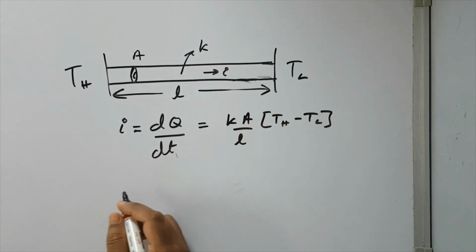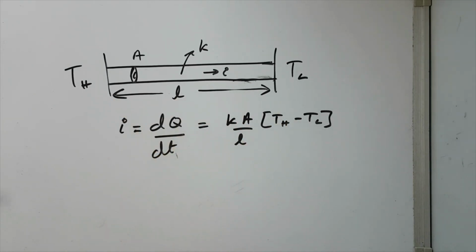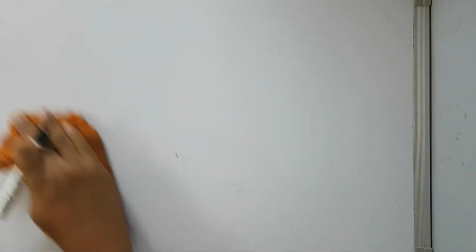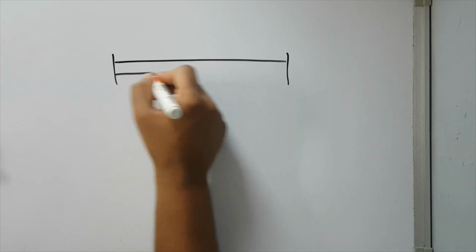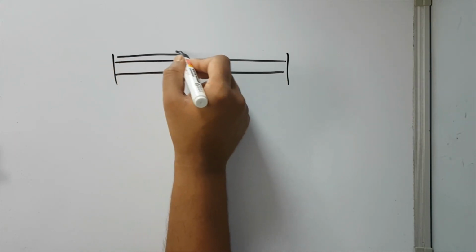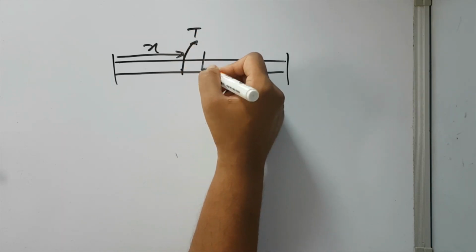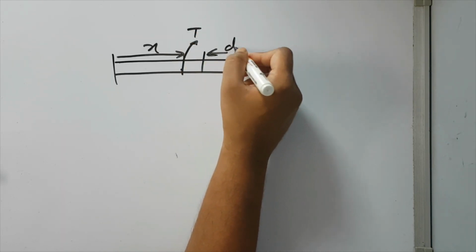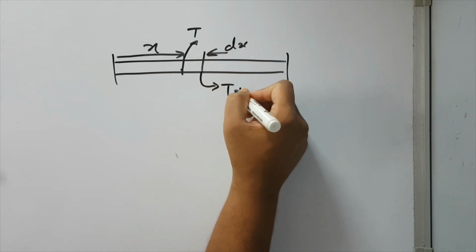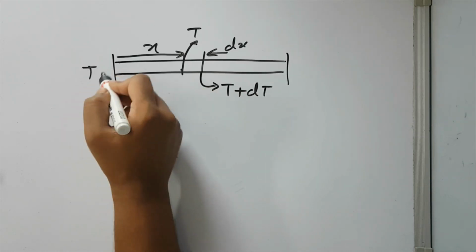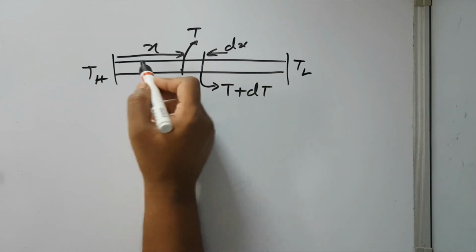So heat transferred per unit time would be KA by L times (Th minus TL). Now if you remember the differential form of this, it would look like this. Let's say these are the two reservoirs, and at a distance x the temperature is T, and at a distance x plus dx the temperature is T plus dT. Temperature is decreasing from left to right because the left is the higher temperature.